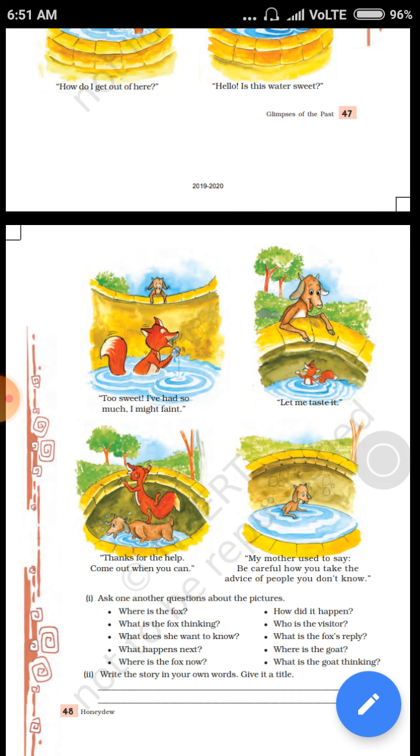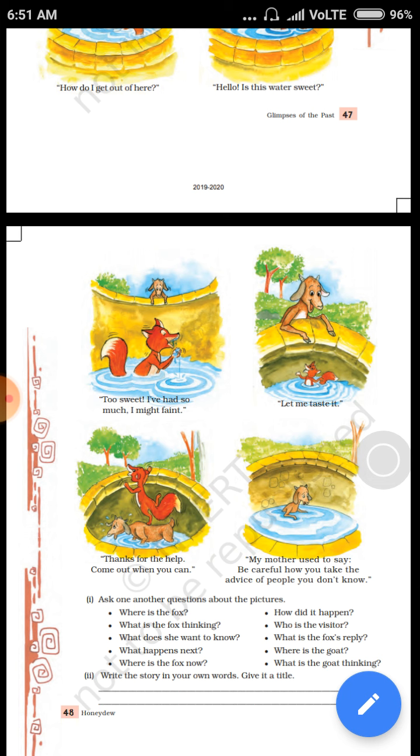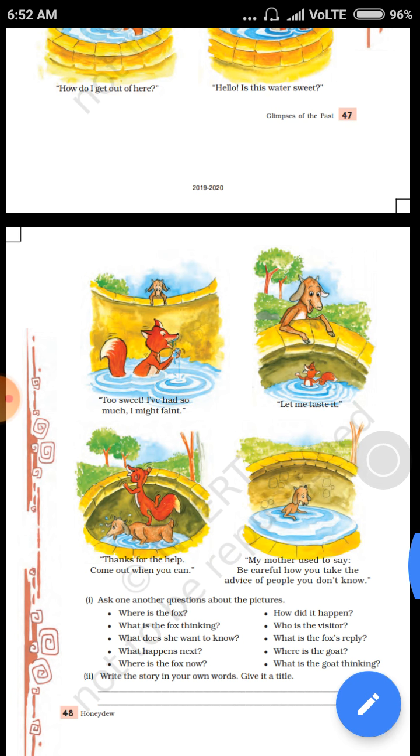Yes, the goat is the visitor. Next question. What does she want to know? She wants to know if the water is sweet. Next question. What is the fox's reply? The fox replies that the water is too sweet and she might faint.